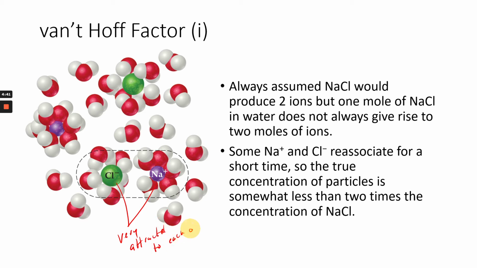And if they come close to each other, they will rebond and now reduce the number of particles. So some of the Na+ and Cl- reassociate, so they stick together for a short time. So the true concentration of particles is somewhat less than 2. It is greater than 1, but somewhat less than 2. So somewhere in the range there.